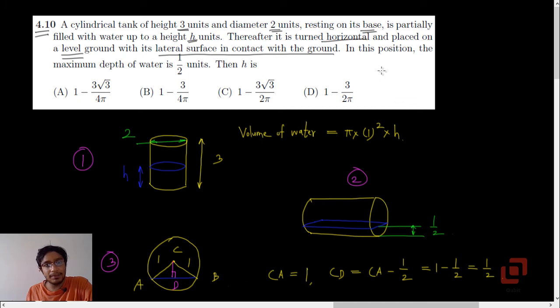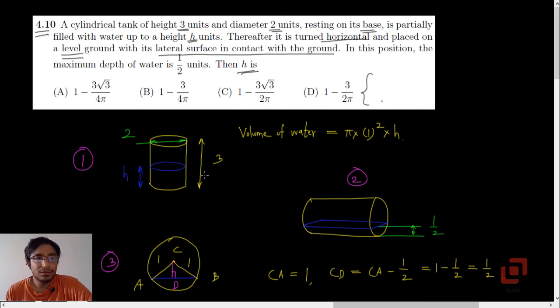In this position, the maximum depth of the water is 1/2 units. Then h is equal to 1 minus 3√3/4 pi, 1 minus 3/4 pi, 1 minus 3√3/2 pi, and 1 minus 3/2 pi. These are the 4 options.